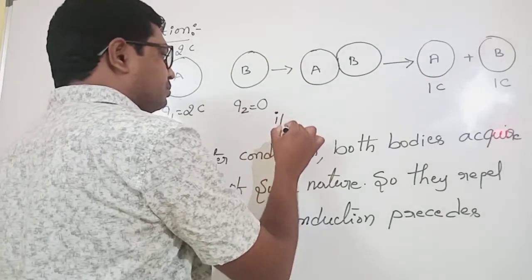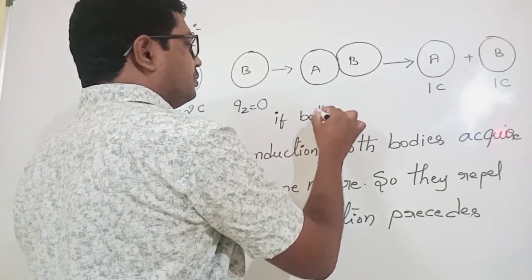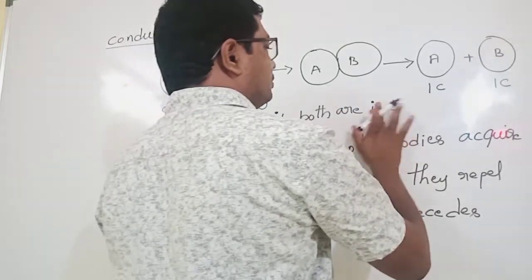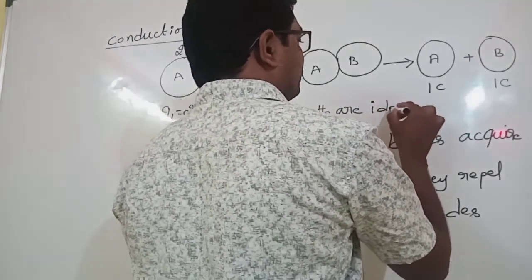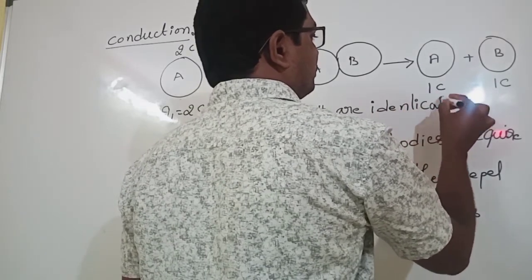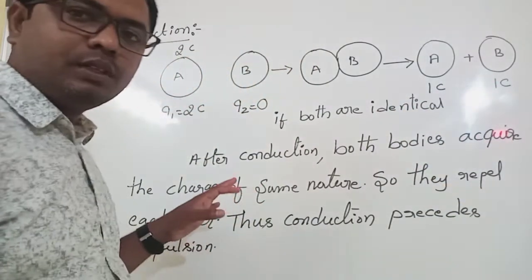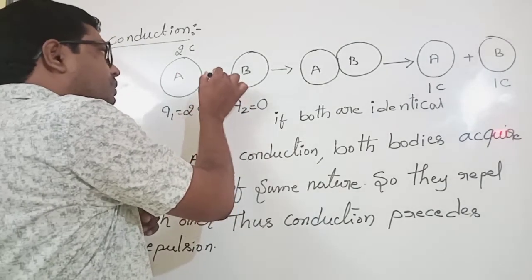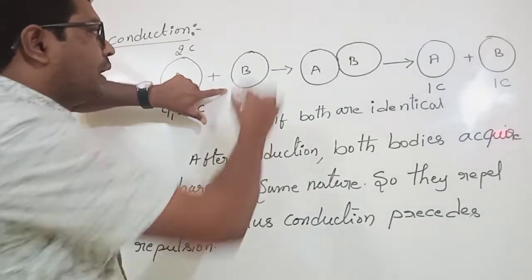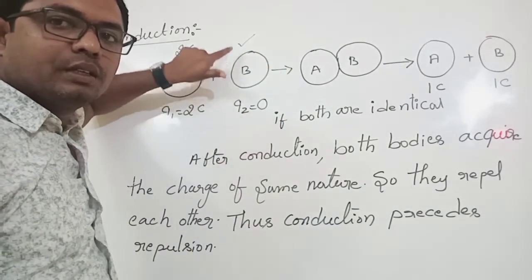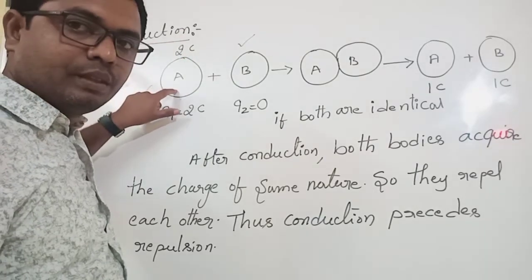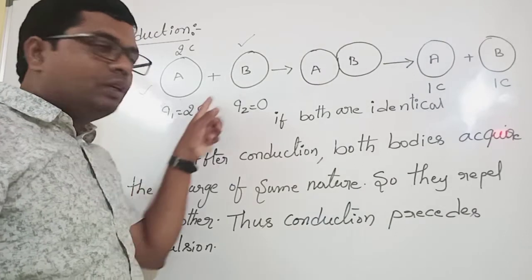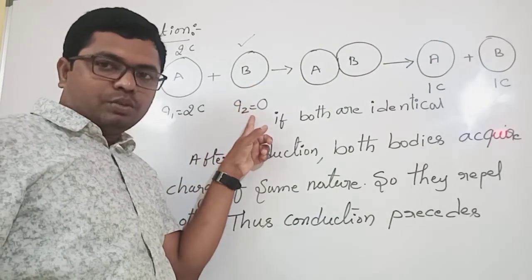If both spheres are identical, one sphere is charged and the other is uncharged. Labeling uncharged as B and charged as A: before contact, the charge on A is 2 coulombs and the charge on B is 0.